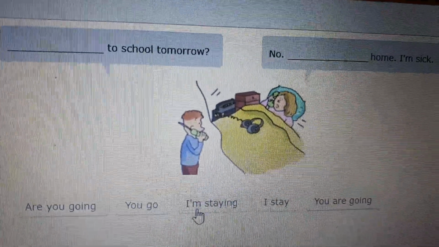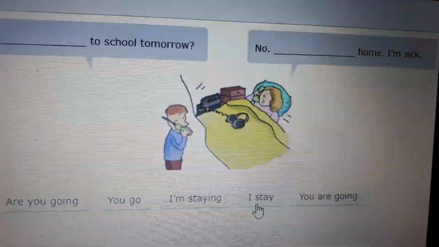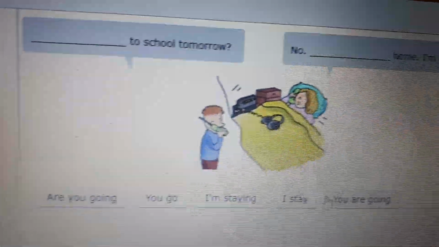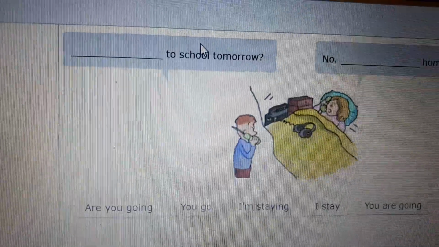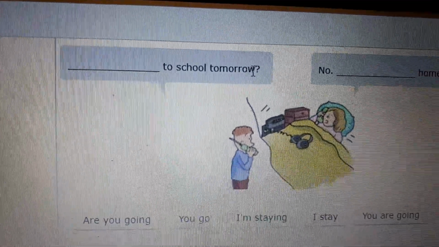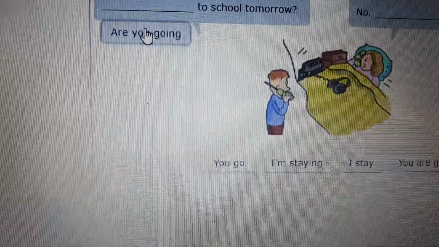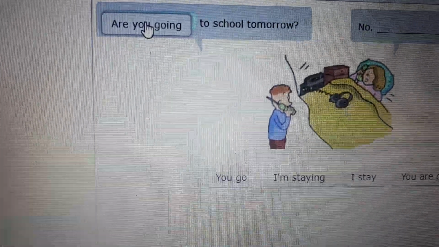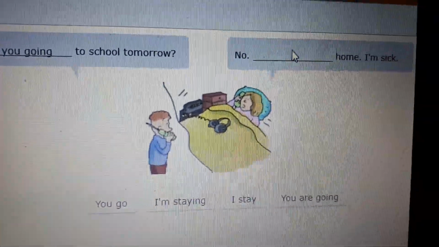I'm staying, it's not an auxiliary, it's a pronoun. I, it's also a pronoun, and you are, it's also a pronoun. So the only answer that we have here, according to this information that is a question, is are you going? Are you going to school tomorrow? Okay, and the answer is no.